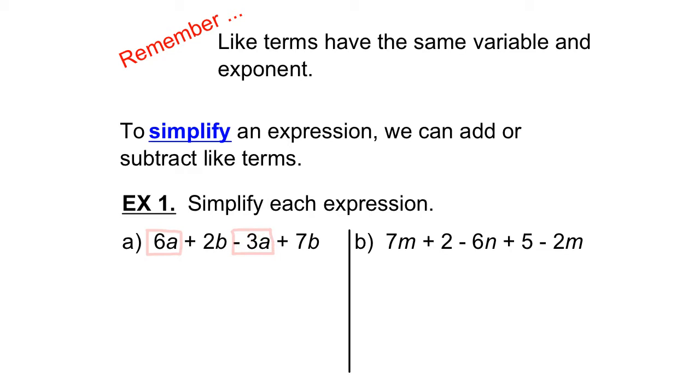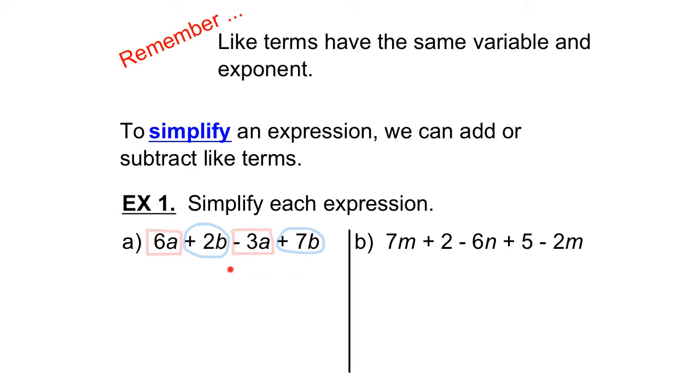So this is minus 3a, negative 3a, same thing. Are there any other like terms? Well, we have plus 2b, plus 7b. They both have a b, with the same exponent on the b. Those are also like terms. So we have 2 sets of like terms. I've highlighted the first set in red and the second set in blue.